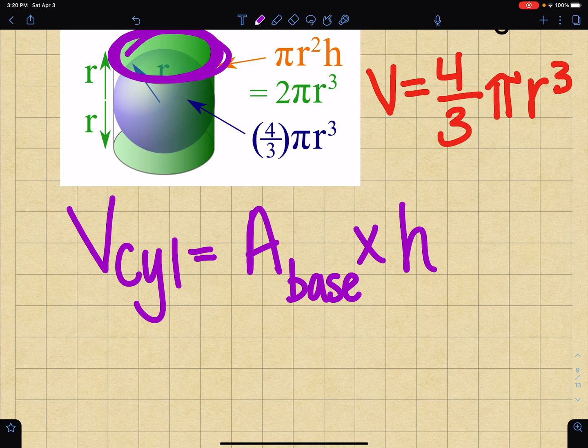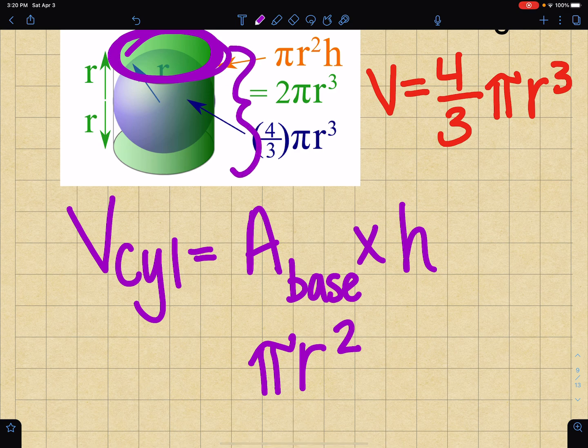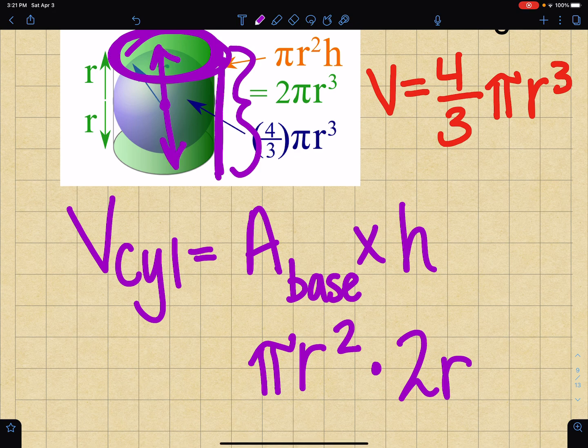It's going to be pi r squared, if that tennis ball fits perfectly in it. And what about the height of the cylinder? What would that be, this distance here, if the tennis ball fits perfectly into it? It would be 2 times the radius, because the ball is sitting in there and there's a radius this way and there's a radius that way, right? So if the cylinder perfectly fits around that tennis ball, then the area of the base is pi r squared and the height of that cylinder is 2r.